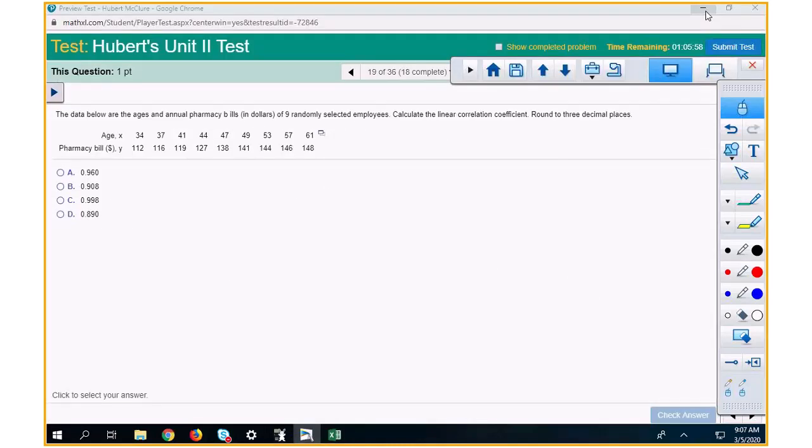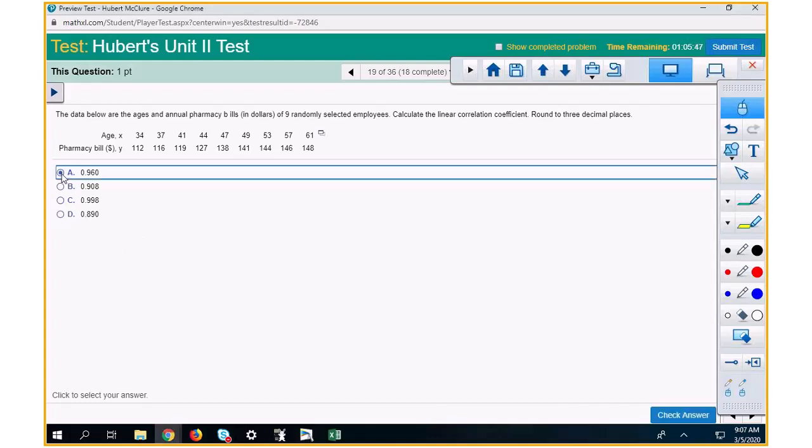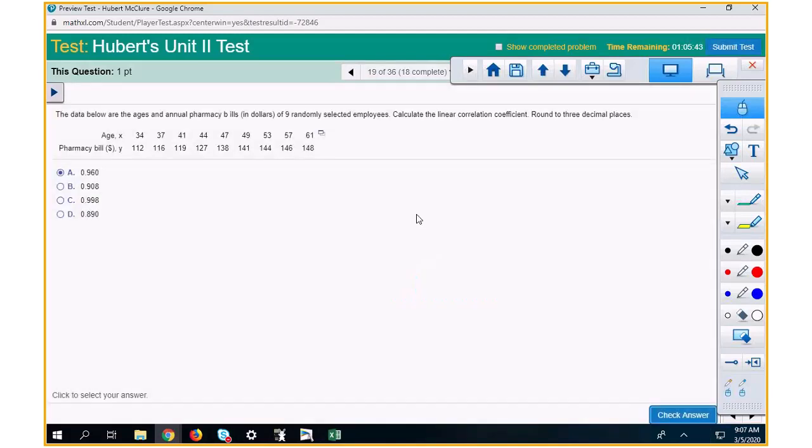Hold on. Okay, what is it? Look up here, there's only 4 answers. A. Got 2 people saying A. There we go.